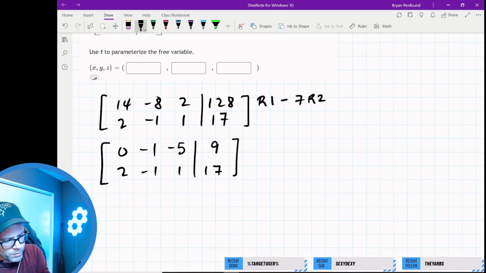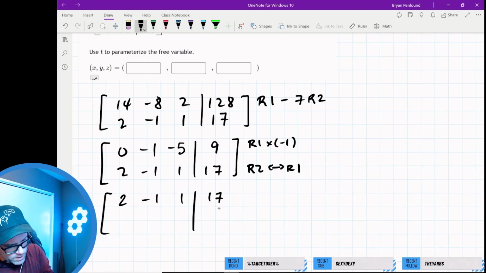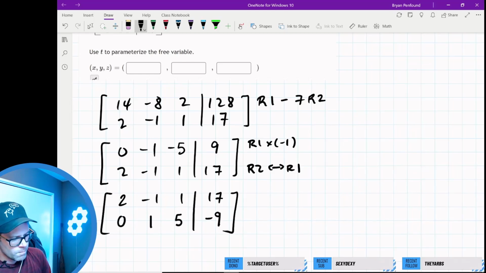Now we can take row 2 and swap it with row 1, and I can multiply by -1 so I can get my second pivot. So that's going to be 2, -1, 1, 17. And then we got 0, 1, 5, -9.